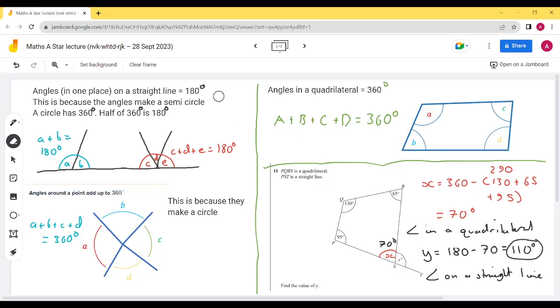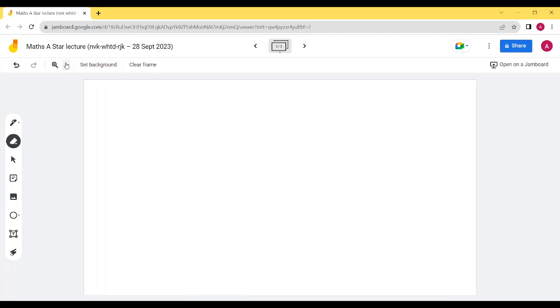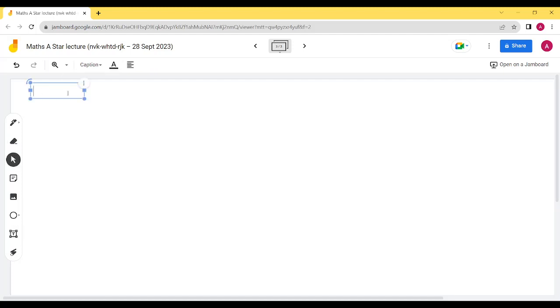Okay, so obviously we've touched on triangles, and we've touched on quadrilaterals and what they equal, but that actually is a rule for an equation or formula to find out the total interior angles of any polygon.